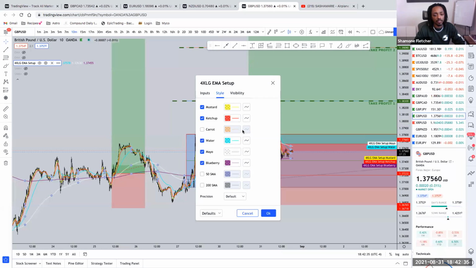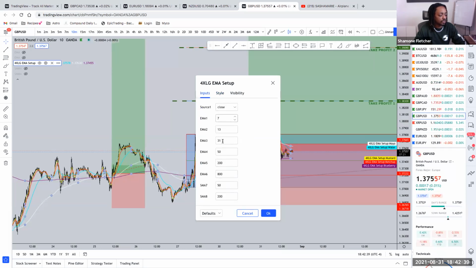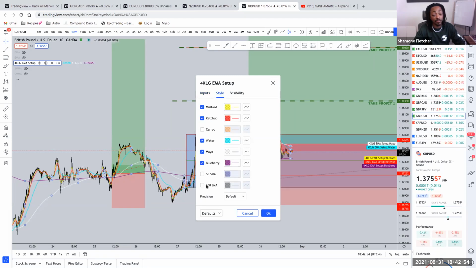That's it. The inputs, I would have you look at it on your chart, because again, this one, number 3, we don't use, and the SMAs we don't use. I unchecked these two because we already have them on our chart.